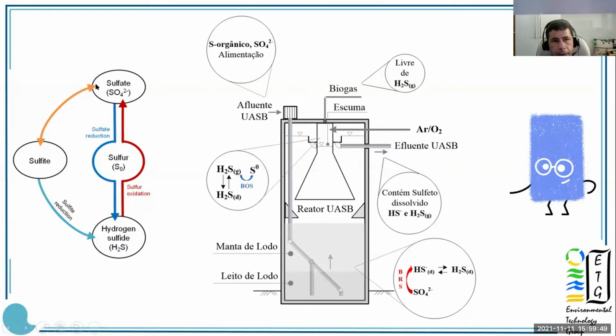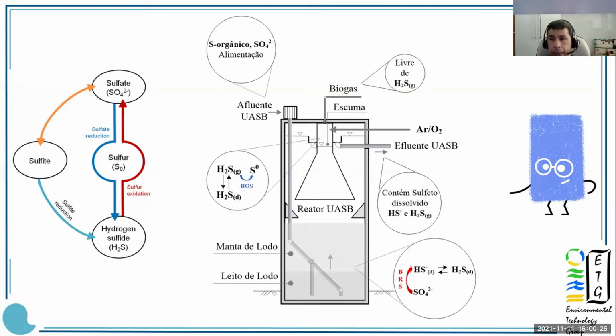If we have sulfate present in the wastewater, due to sulfate reducing bacteria we produce sulfide, and once we apply microaerobic treatment, we try to convert the sulfide formed upon sulfate reduction into elemental sulfur. The idea behind this is to produce elemental sulfur, but also to decrease the hydrogen sulfide content in the biogas and also in the liquid phase.